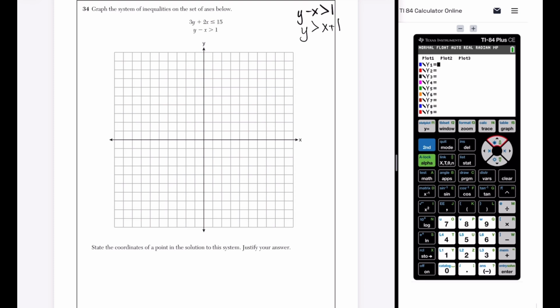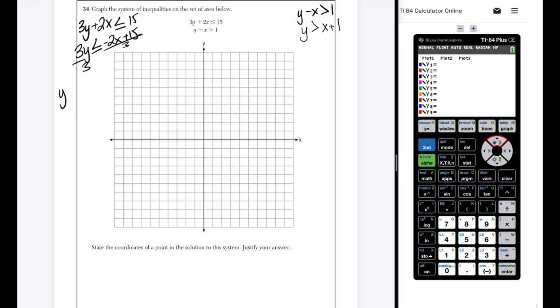And we're going to have to move the other one around too. So we have 3y plus 2x is less than or equal to 15. I'm going to move the 2x over. So 3y, I'm going to subtract 2x, so minus 2x plus 15, and then I'm going to divide by 3 on both of them.